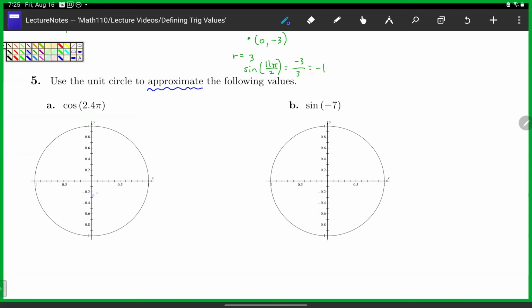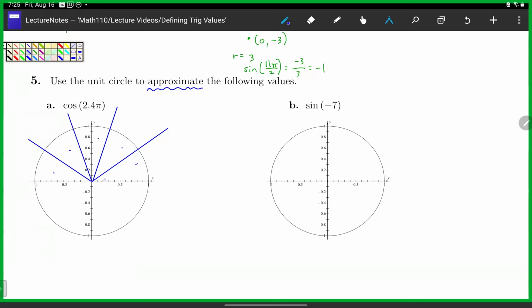So 1, 2, I'm going to go up top. I think that's roughly 5 equal pieces. 1, 2, 3, 4, 5 equal pieces.